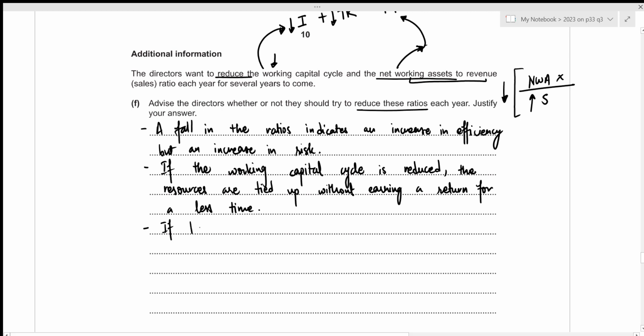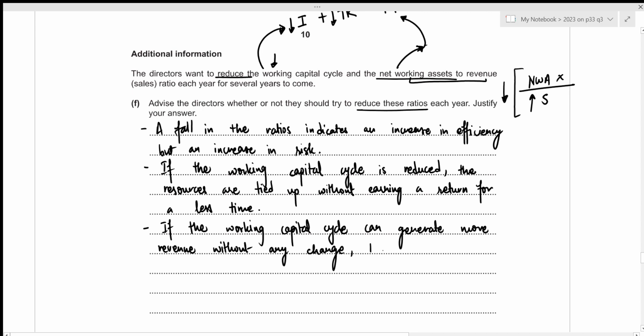If the working capital cycle can generate more revenue without any change, then the resources are used more efficiently.